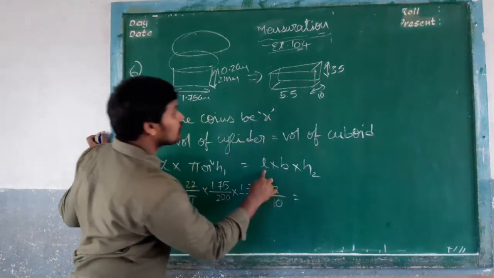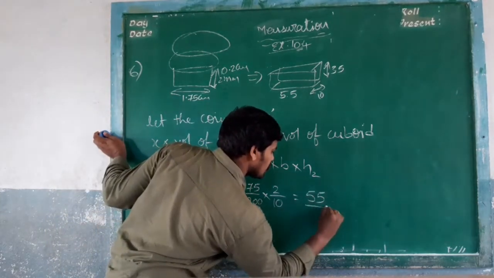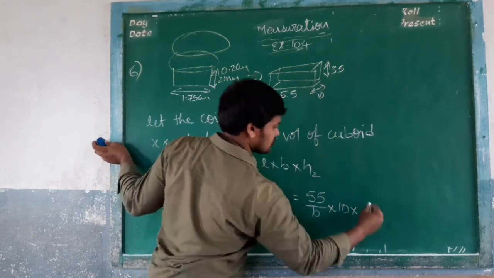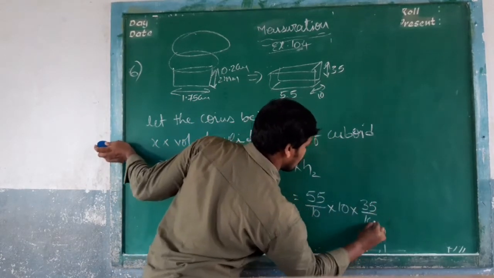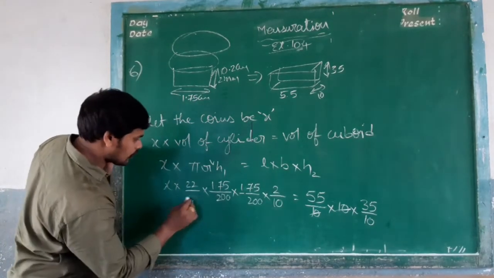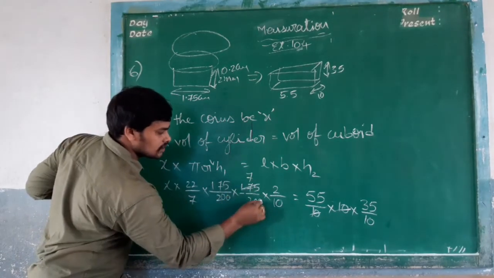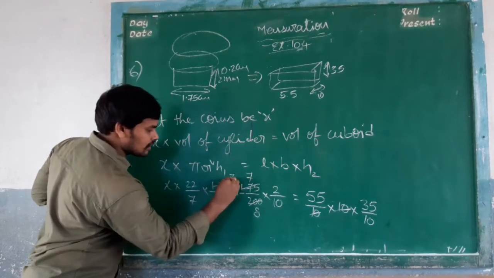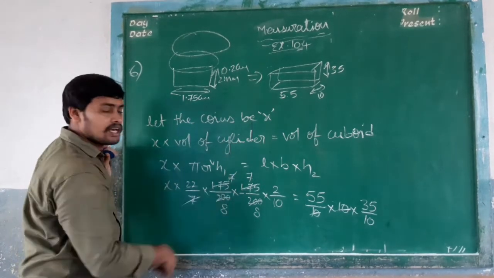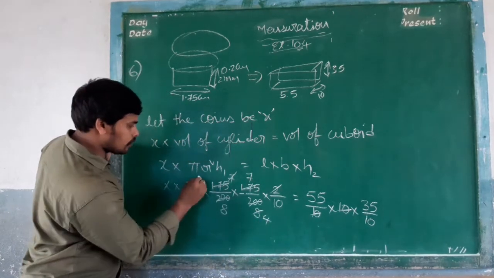That equals L. L value is 5.5. 5.5 can be written as 55 by 10. And B value is 10. H value, height, is 35 by 10. Okay, 10 cancels. Okay, 22 by 7. In the 25 table it is 7 times, it is 8 times. 7 and 7 are cancelled. 2 4 times. 22 11 times.